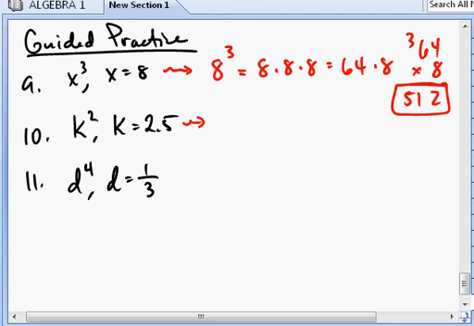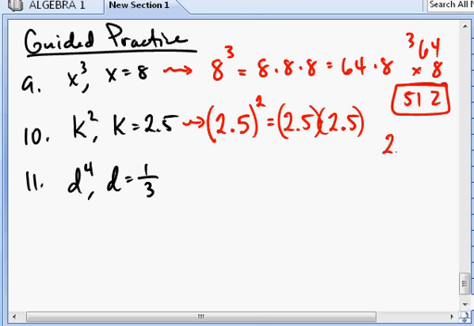Okay, this one is substitute in, you get 2.5 to the second power, which is 2.5 times 2.5. How do we do 2.5 times 2.5? Okay. You move it over 2 times at the end, yeah.